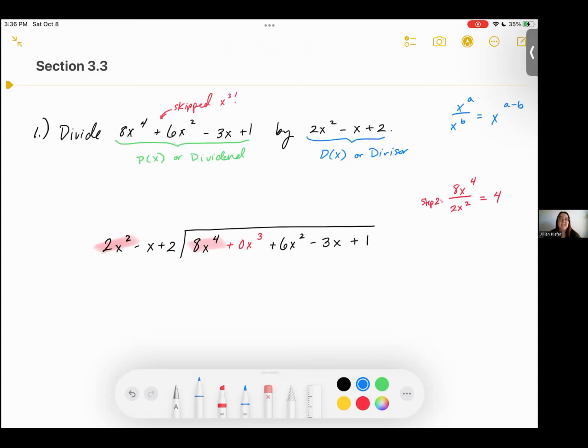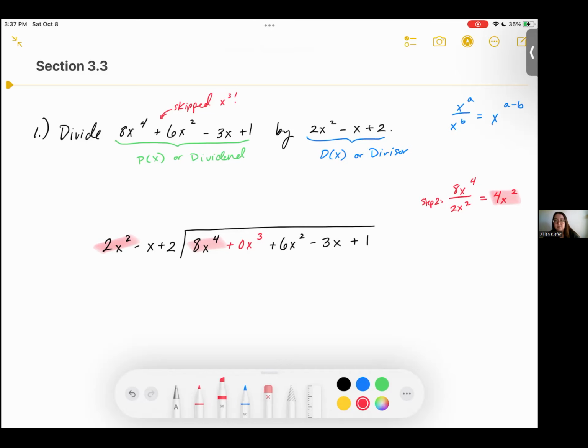So you subtract the exponents, you subtract the bottom from the top. So in our case, we would have x to the power of 4 minus 2, and 4 minus 2 is 2. So our result from this was 4x squared. That is the leading term of our quotient.